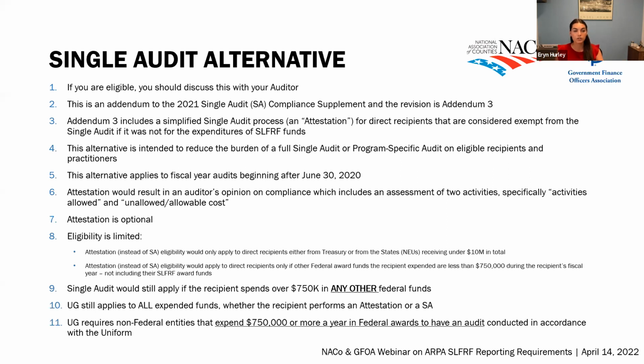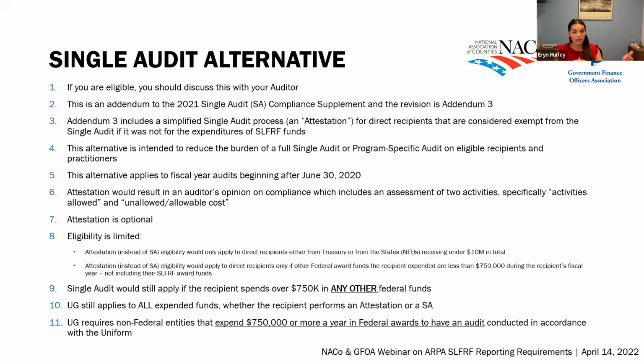In terms of eligibility, the attestation would apply to direct recipients, either from Treasury or from states. This applies specifically to non-entitlement units receiving under $10 million in total ARP recovery funds.